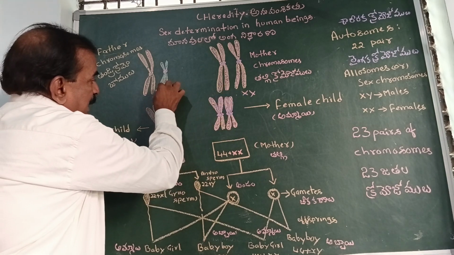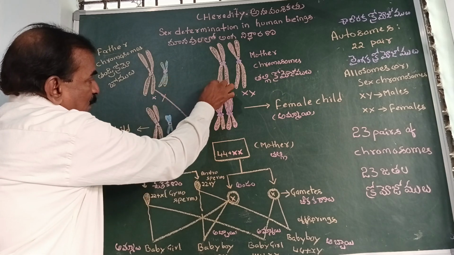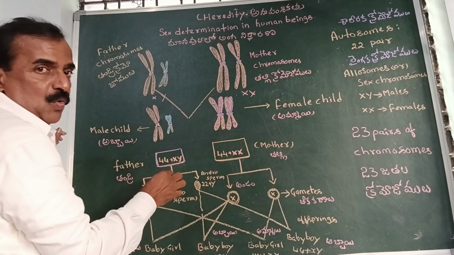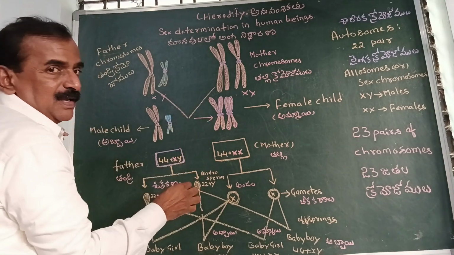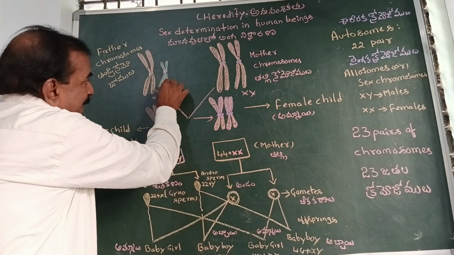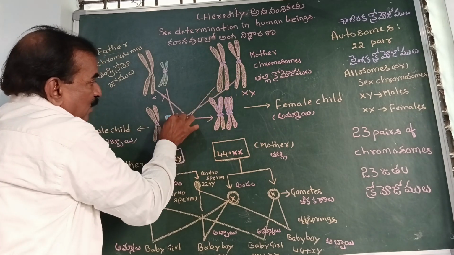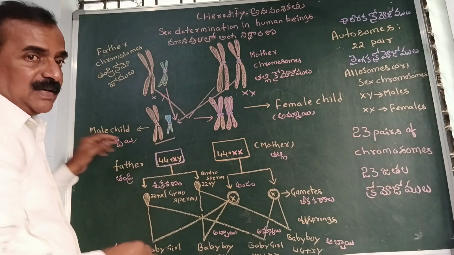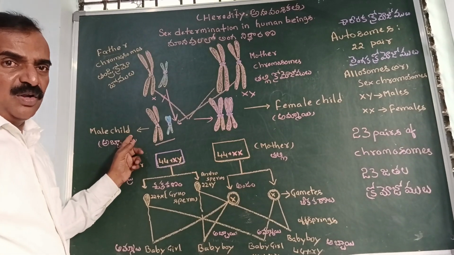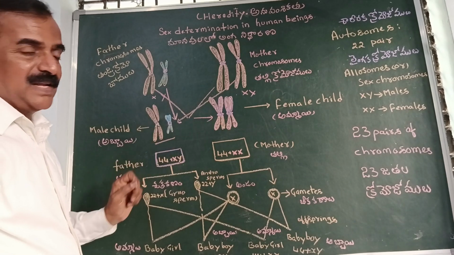When a sex chromosome of the father is fertilized with the ovum or sex chromosome of the female, it leads to formation of a zygote, and that zygote develops into a male child or a female child.